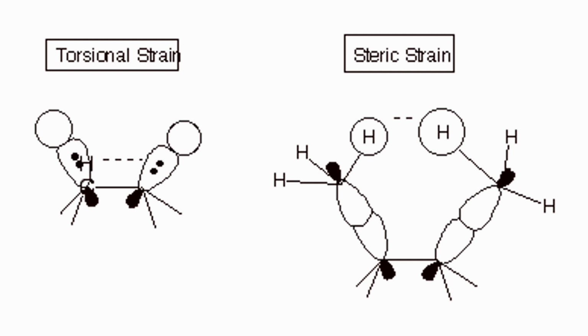But in addition to that torsional strain, we have steric strain because those hydrogen atoms are getting so close to each other. So it's important to note the difference between torsional strain, which is the strain of the bonds, and steric strain, which is the strain of the electron clouds of the atoms themselves as the atoms get too close to each other.